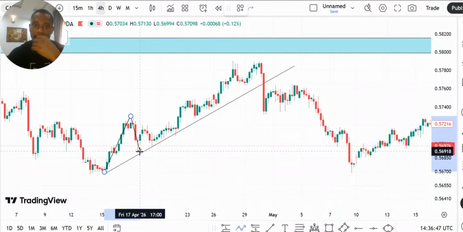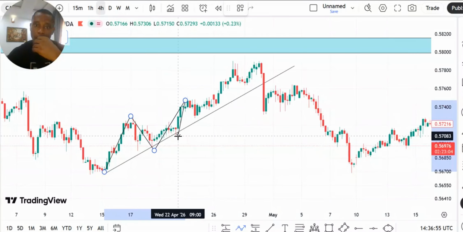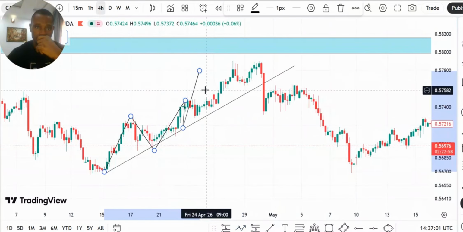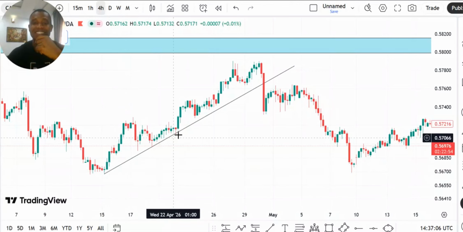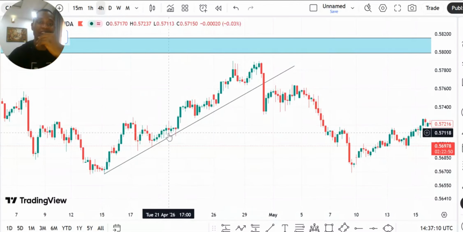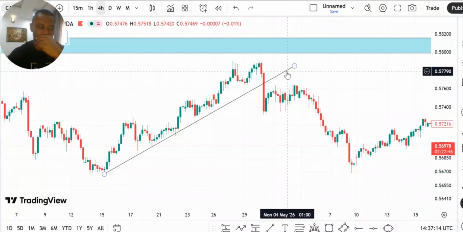The market pulled back, that gave us a double bottom to continue to the upside. The market bought again, pulled back to touch the particular trend line. So now, for you to know that this uptrend is still valid, it is this trend line that is not taken out.